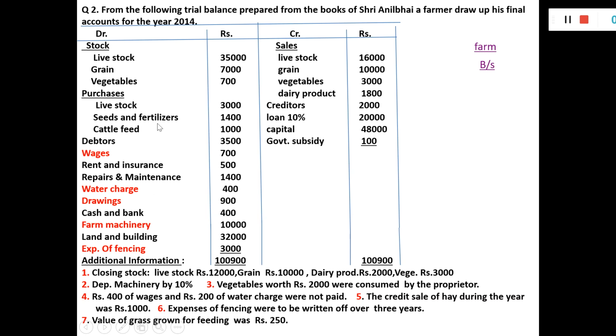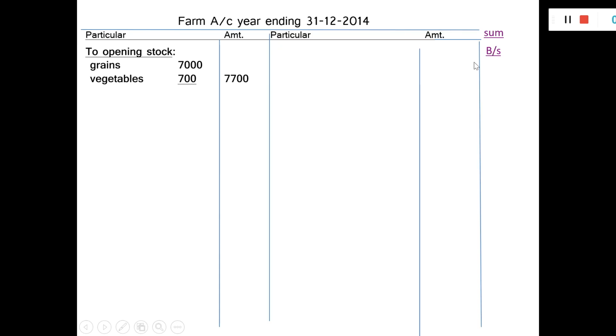Purchase. Seeds and fertilizers and cattle feed. Go to the farm account. Purchase: seeds 1,400, cattle feed 1,000, total purchase 2,400 will be written in outer columns.